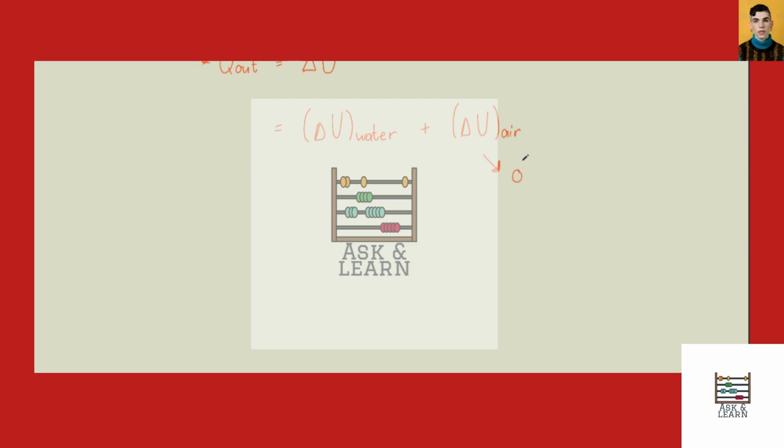There's no change in internal energy since the temperature change is 0, and so minus Q out is simply the change in internal energy of the water, which we can write as MC delta T, the change in temperature for the water. So the mass of water times its specific heat times its change in temperature. And that will tell us the heat that is leaving the room.